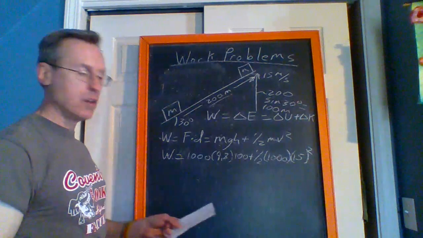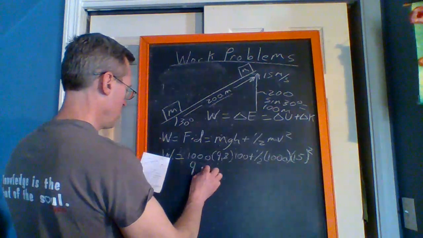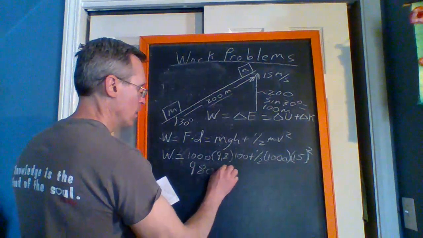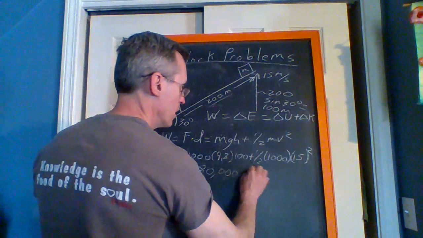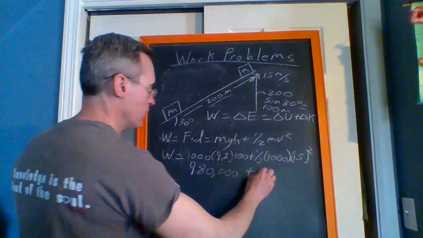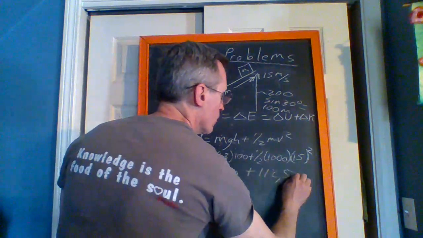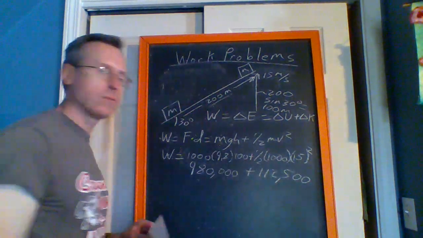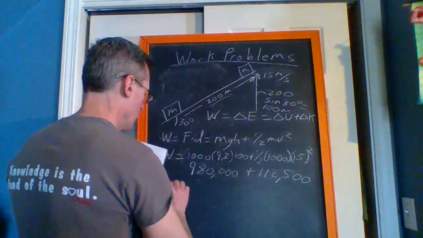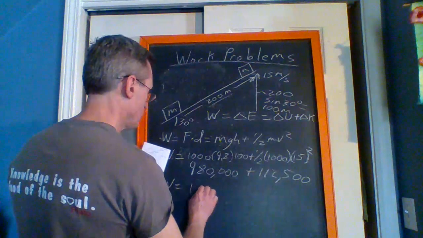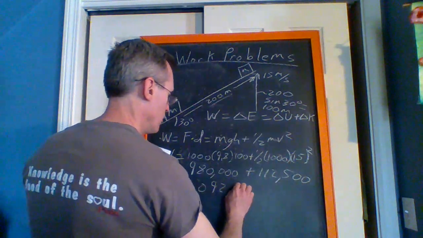When I did this out, I got that this is 980,000 joules, and this part was 112,500 joules. When you put the two together, the work done is 1,092,000 and change joules.